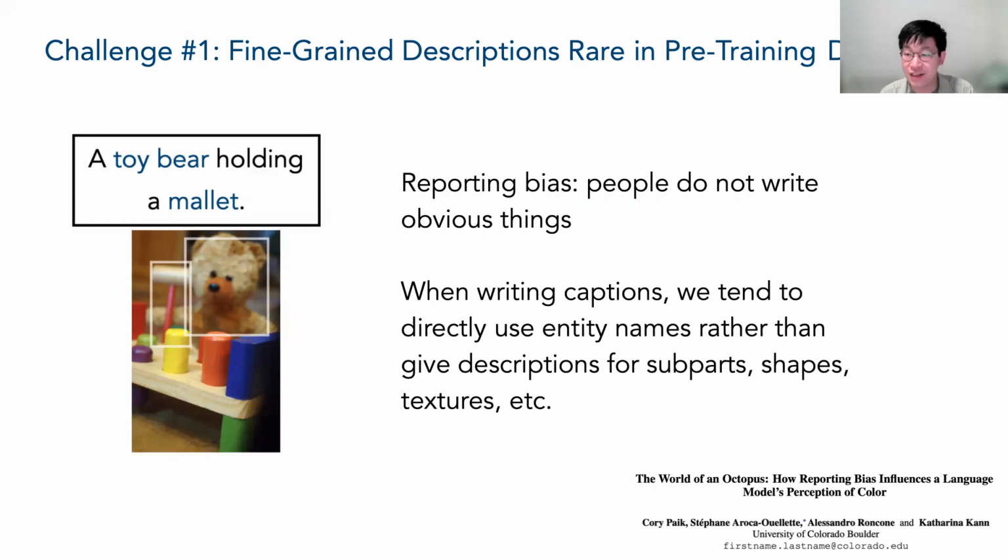If you are given this image and asked to write a caption, your natural instinct is to say, oh, it's a toy bear holding a mallet. So we tend to directly use entity names rather than give descriptions of their subparts, shapes, and textures. So you don't get a lot of rich, detailed, descriptive data during pre-training.